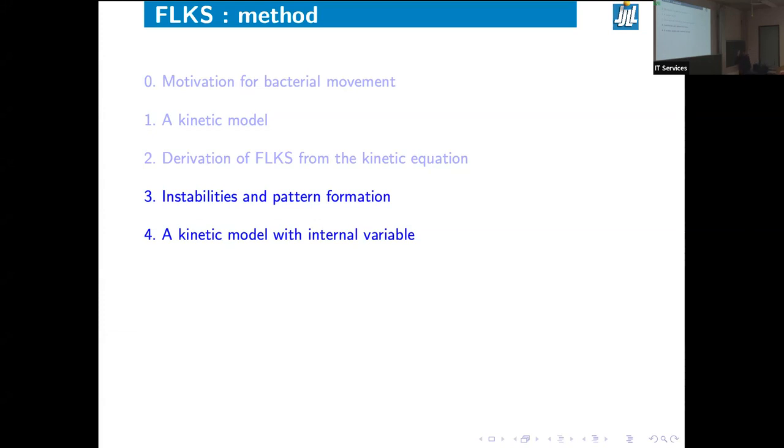So instabilities. Instabilities is a magic word in biology because life doesn't like uniform states. So all these questions of getting entropies, uniform distribution, equilibrium, in some sense, never occur in biology. I mean, nature hates things which are uniform. They like patterns.